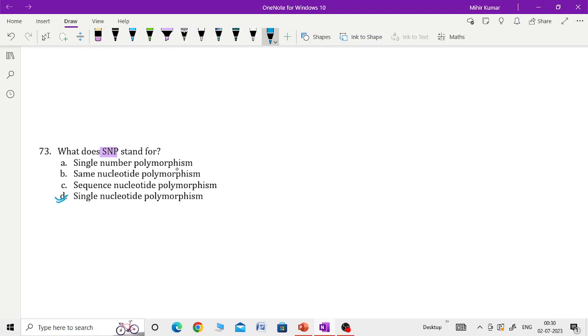One nucleotide is changed between two individuals, and this change leads to disease, and in some cases lethal disease. SNP stands for single nucleotide polymorphism.